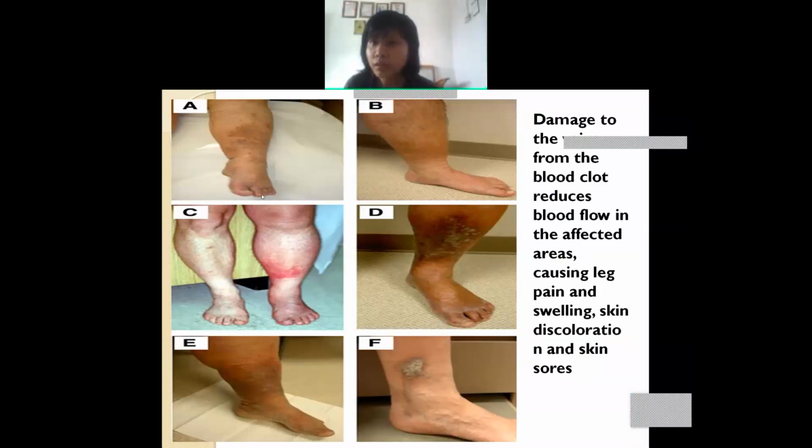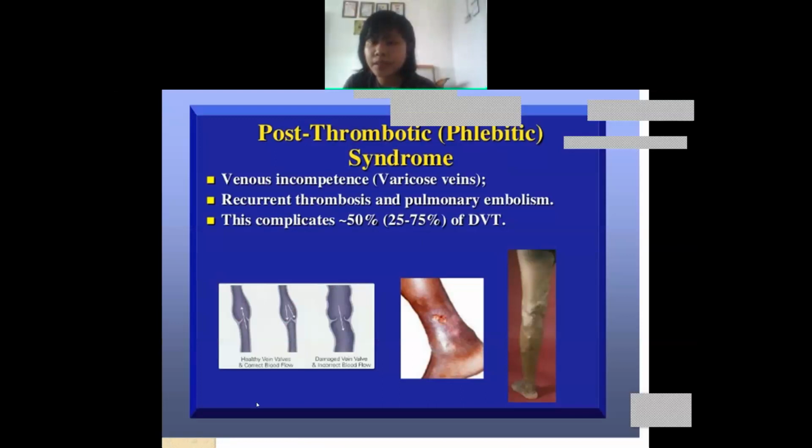Because of the damage of the veins, there will be blood clots, and because the blood is not flowing normally anymore, it will affect that area. It will cause pain, swelling, discoloration, and sometimes skin sores also. So this is known as post-thrombotic syndrome.